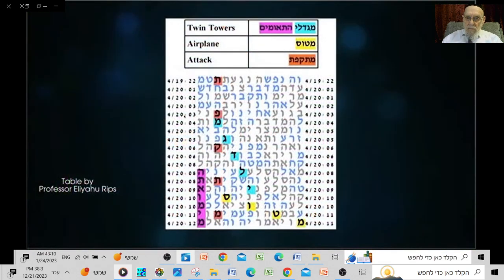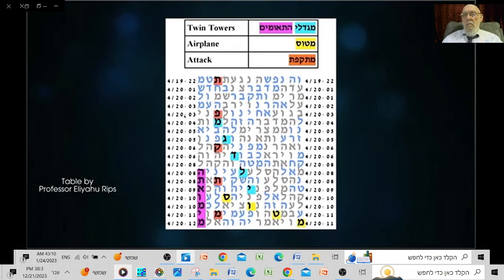This is probably Professor Rips' most famous table. He looked this up right after the Twin Towers attack. It's the Twin Towers airplane attack. Those letters came up all in chapter 20 of the book of Numbers in just a very small table, an amazingly small table. And the chances for this to come up are millions to one.